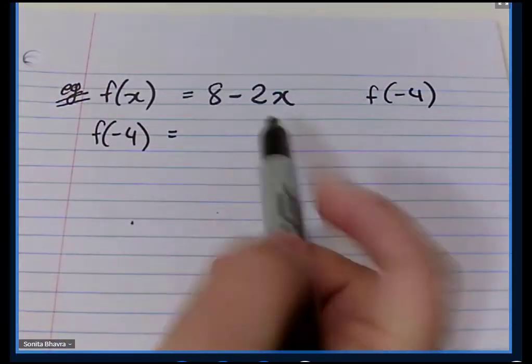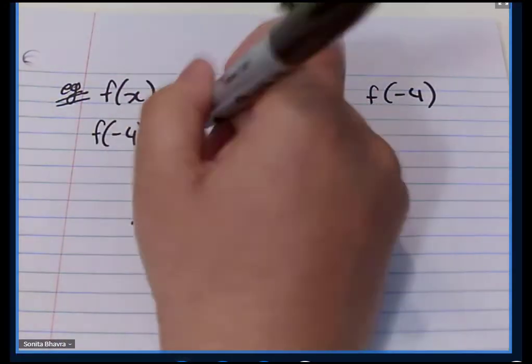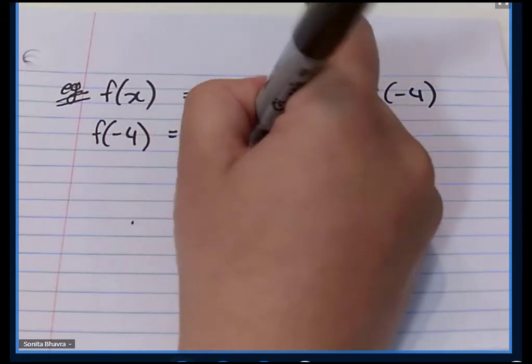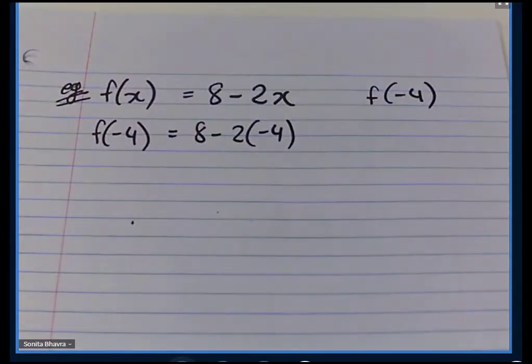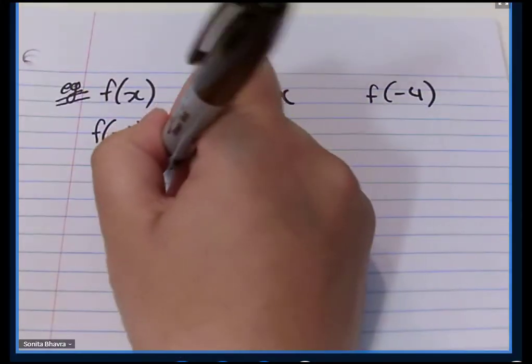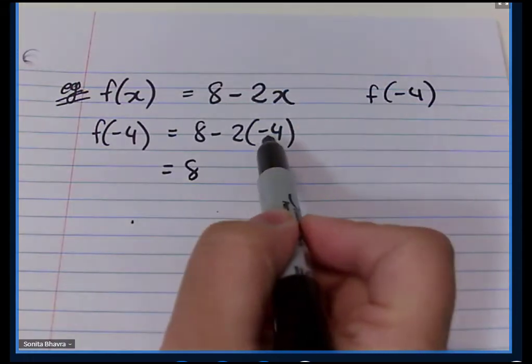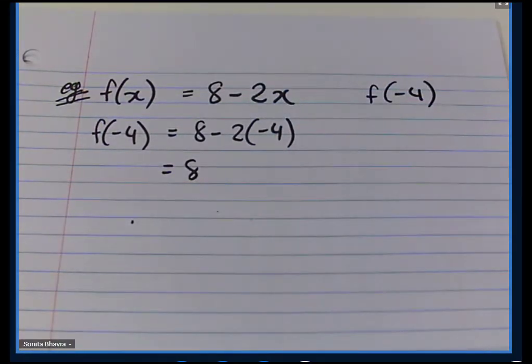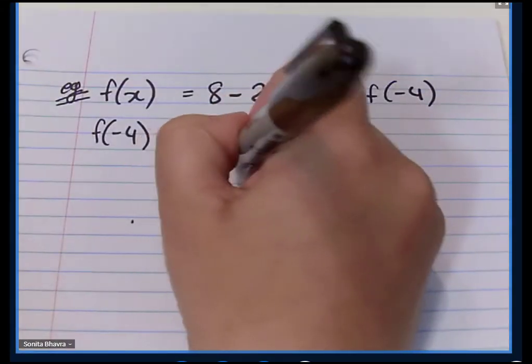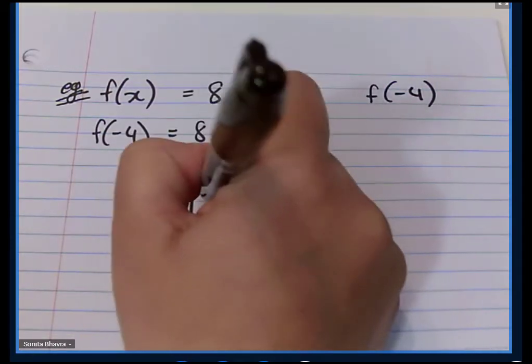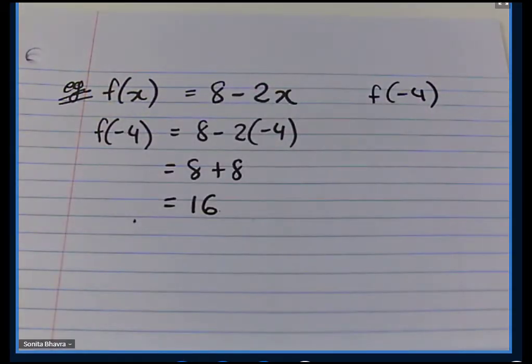So we're going to replace our x with the negative 4. So 8 minus 2 times negative 4 like that. Make sure to use those brackets when substituting. All right, so this becomes 8. Negative 2 times negative 4 becomes positive 8. So 8 plus 8, and that gives me an answer of 16.